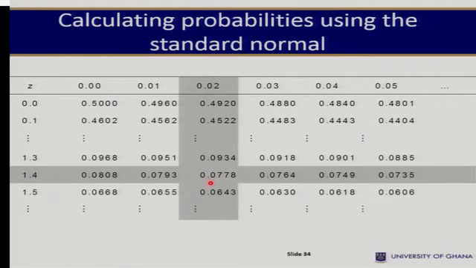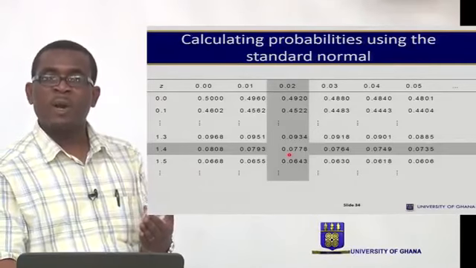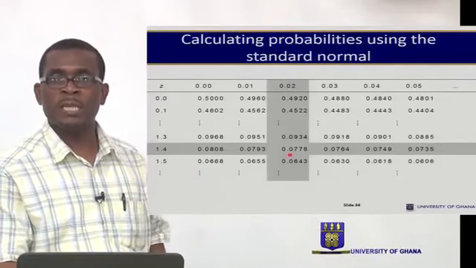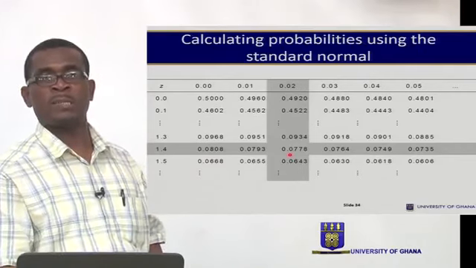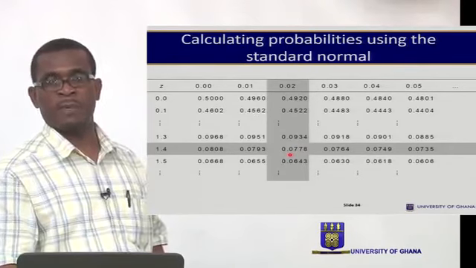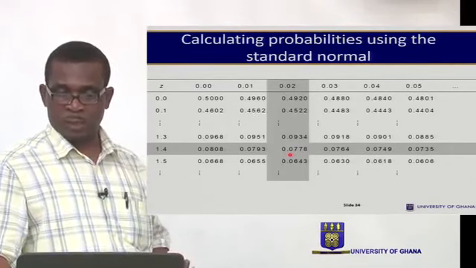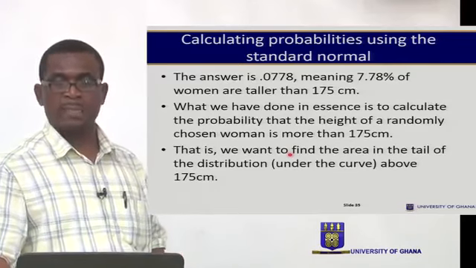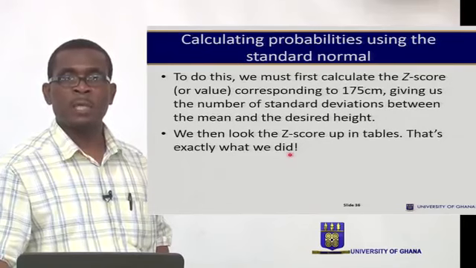What this tells you is that the area under the normal curve to the right of 1.42 is 0.0778, or you can say 7.78%.